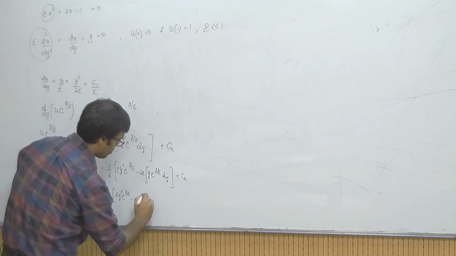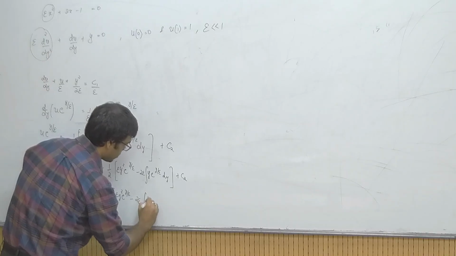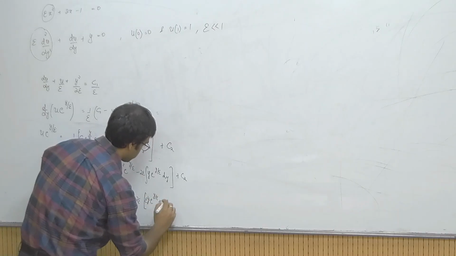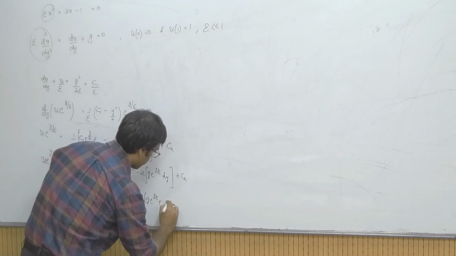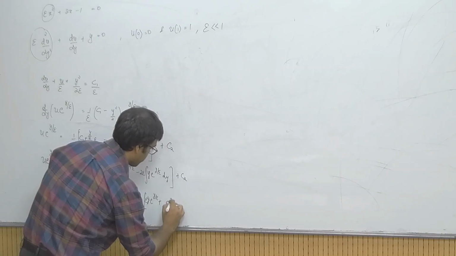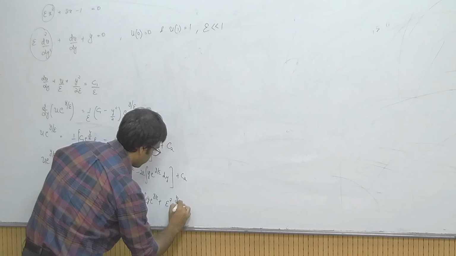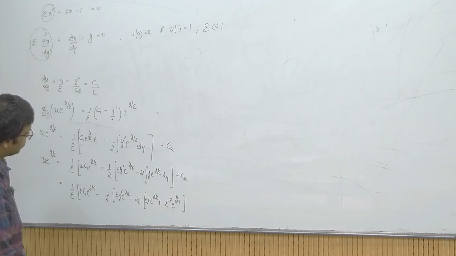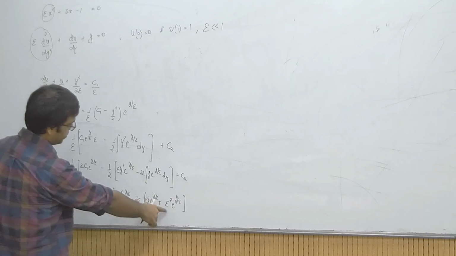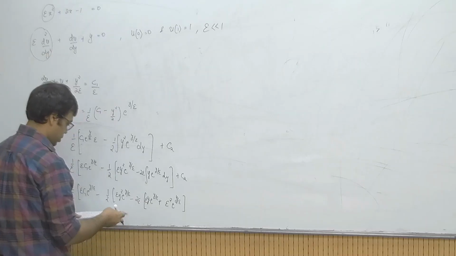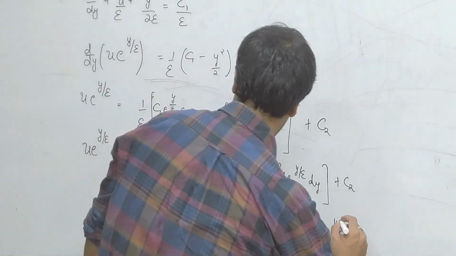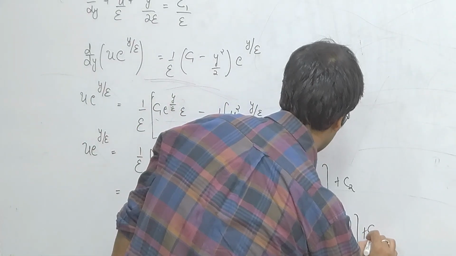Here again we can apply by parts. So you will get one epsilon after one integration and then another epsilon, and then a plus C2.